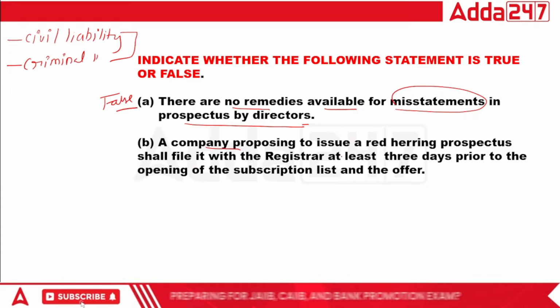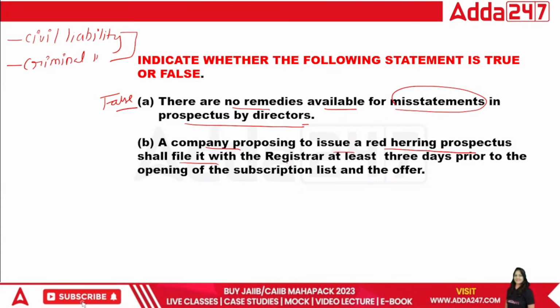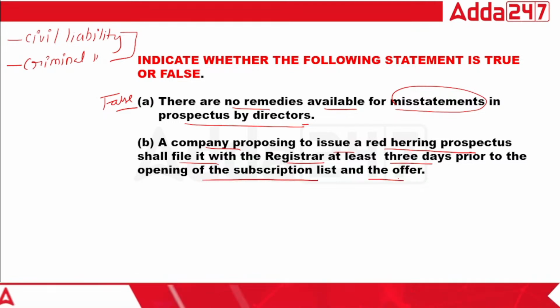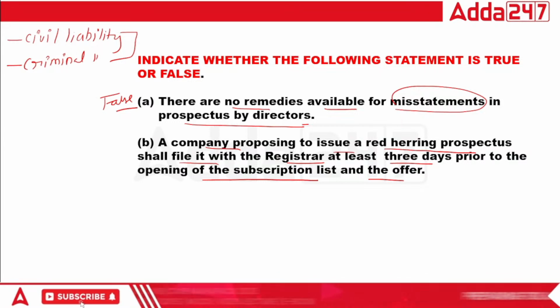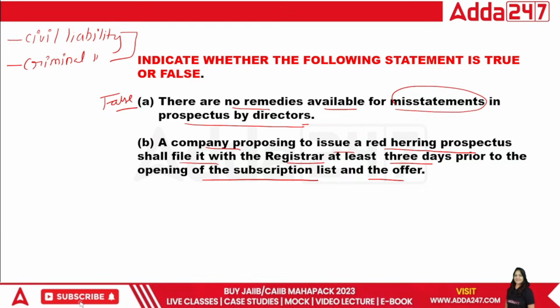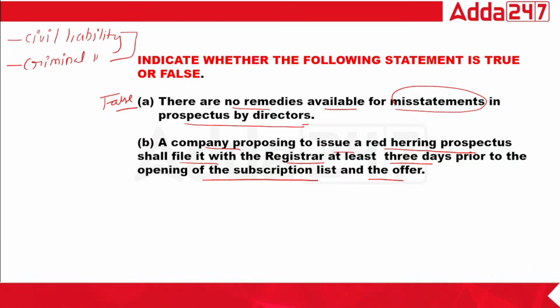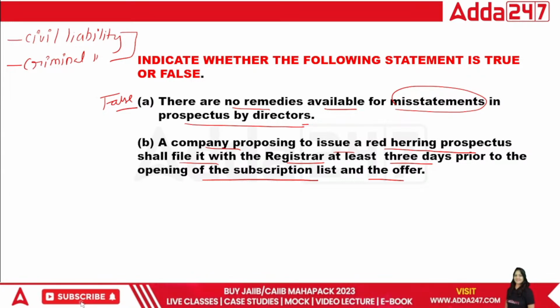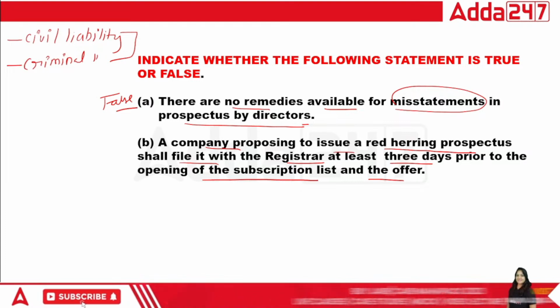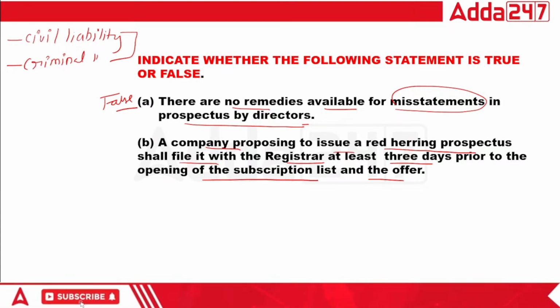A company proposing to issue a red herring prospectus shall file it with the registrar at least 3 days prior to the opening of the subscription list and the offer. Yes, B point. A company proposing to issue the red herring prospectus shall file it with the registrar at least 3 days prior to the opening of the subscription list and offer.